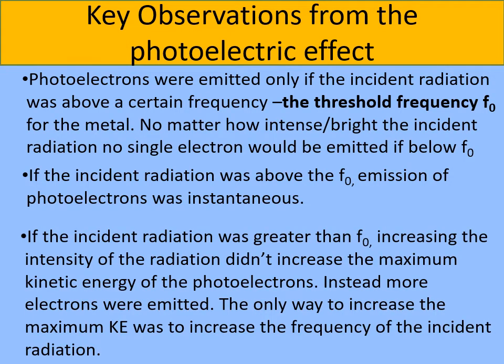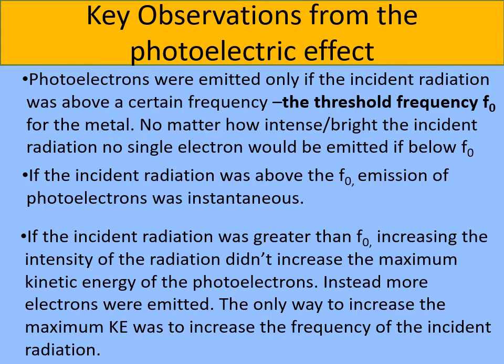The final important observation was that if the incident radiation was greater than F0, the threshold frequency, then increasing the intensity of the radiation didn't increase the maximum kinetic energy of the electrons. Instead, more electrons were emitted by the increasing intensity of the radiation.